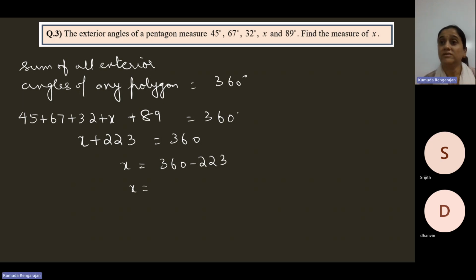No, that is only for the regular pentagon. This one is just a pentagon. So the measures of the exterior angles will be different.